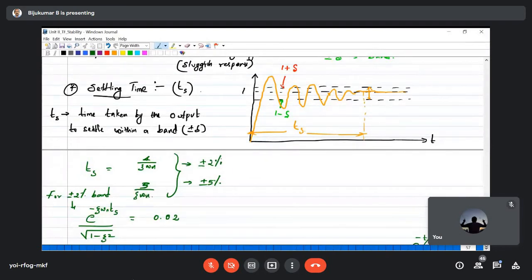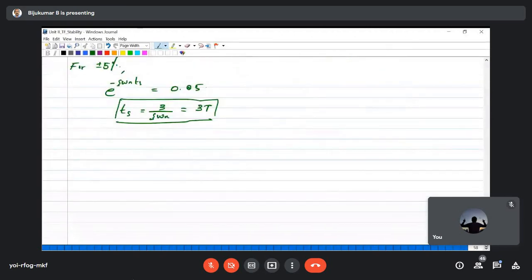In a problem, if the band is not mentioned, you can take plus or minus 2% in a numerical exercise. If it is mentioned, you take the corresponding one. That is the understanding from this. The time constant of the system is inversely proportional to zeta, right, because T is equal to 1 by zeta omega n.